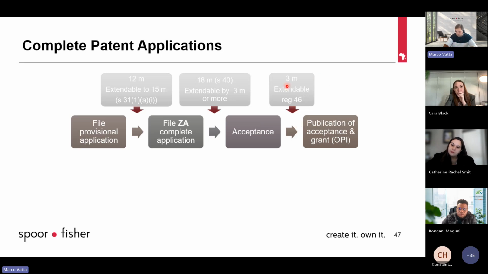This is often due to an administrative oversight, poor scheduling by the applicant, or poor scheduling by the applicant's agents, where they haven't diarized these dates correctly, and it is then missed. Those rights into the application have then been lost. So quite a harsh consequence.